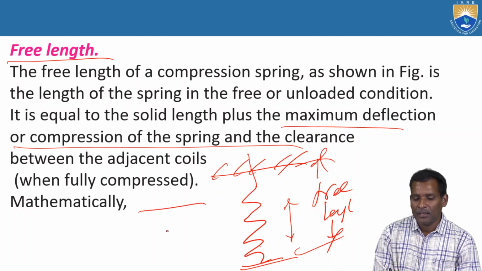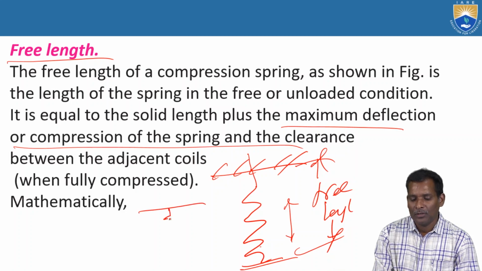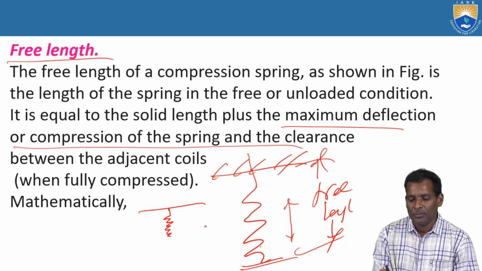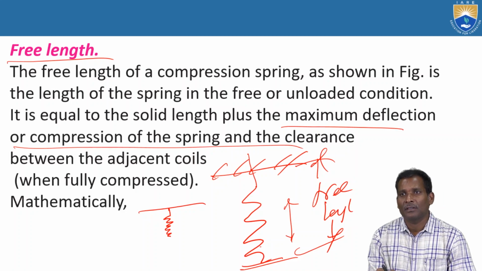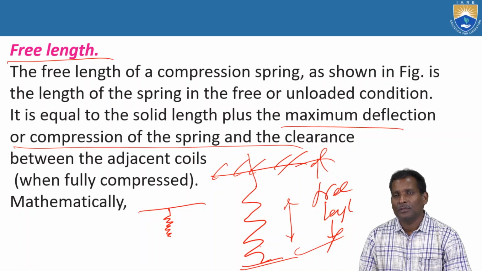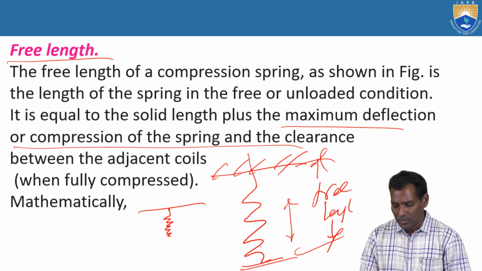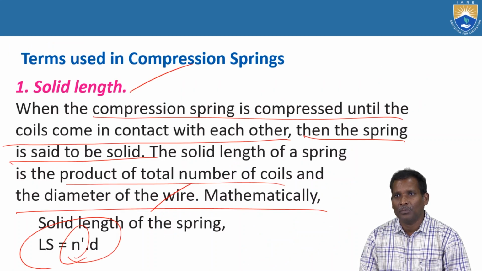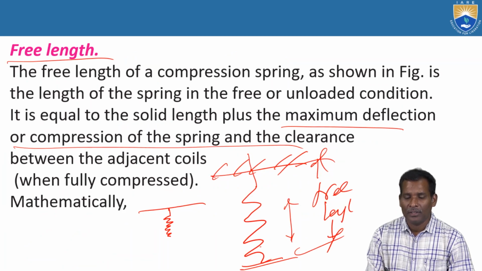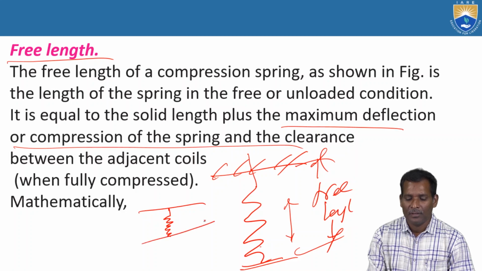But when it is subjected to load, what will happen? It deflects by some value. In the previous case, it was compressed until the coils come in contact. So whenever load is applied, it compresses.